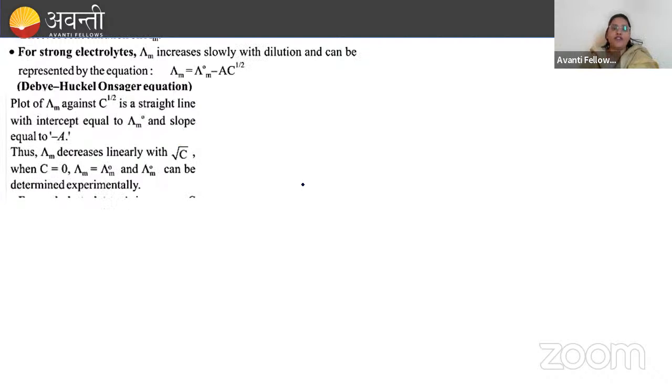For strong electrolyte, if we need to calculate the molar conductance, this is the formula, and this formula is known as Debye-Hückel-Onsager equation. You can draw the graph for this also. If you plot a graph of molar conductance against concentration raised to half, that is under root of concentration, you will get a straight line.